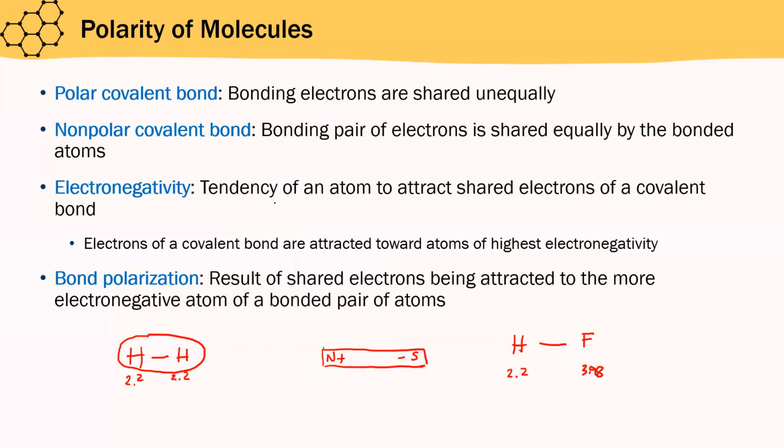So instead of having the electrons look like this, like a foot-long, the electrons will be moved towards the fluorine side. Why is that? Because the fluorine is more electronegative. It will hoard more electrons to itself.